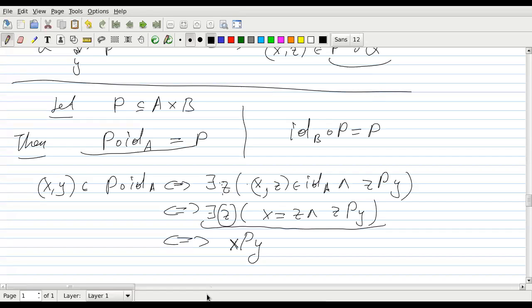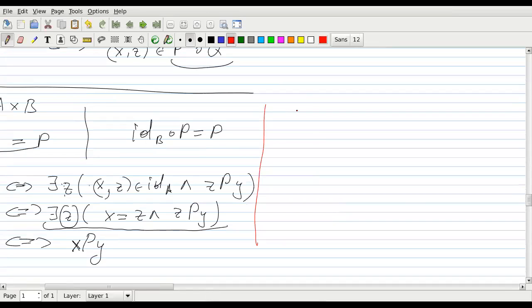Just X. Is X equal to X? Yes. Of course, you may take X as Z. Is it clear, dear students? Yes.